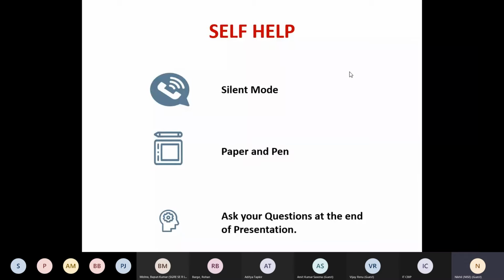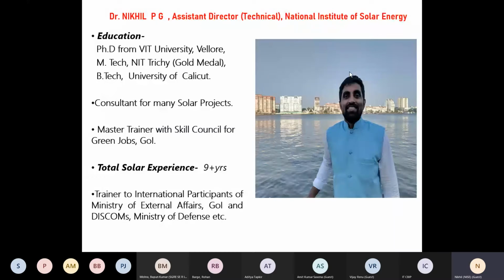Also, in between, I will be giving some small exercises for you to make it more interesting and interactive. Myself, I have been in the solar sector for the last 10 years, majorly on the research front. I have also worked in industry for around 2-3 years.